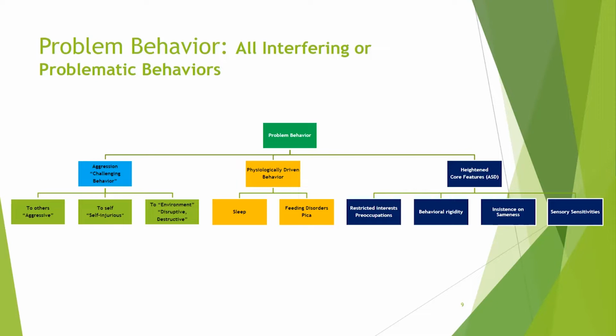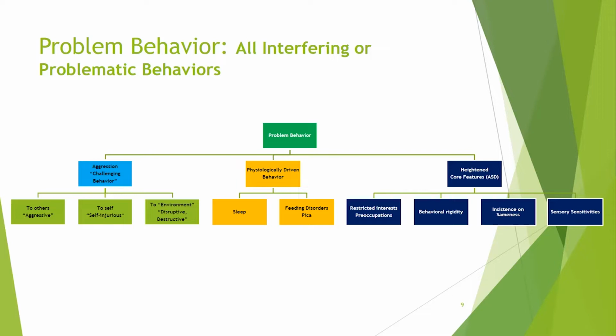The second type of problem behavior is physiologically driven behavior. These include behaviors around sleeping and feeding disorders. Pica is an example of such a behavior. The third category is heightened core features.